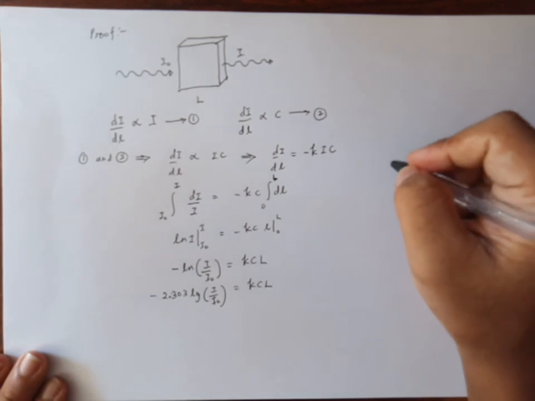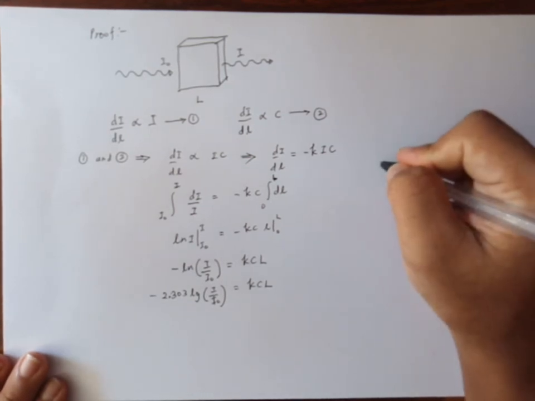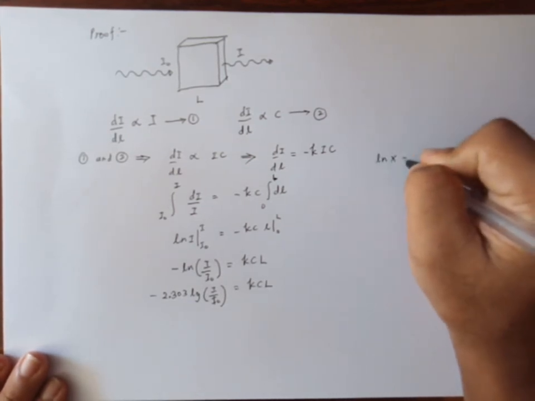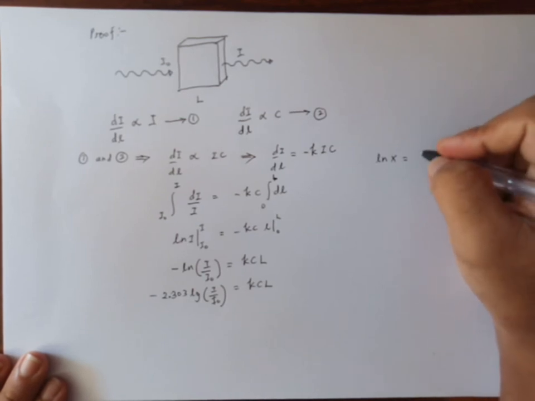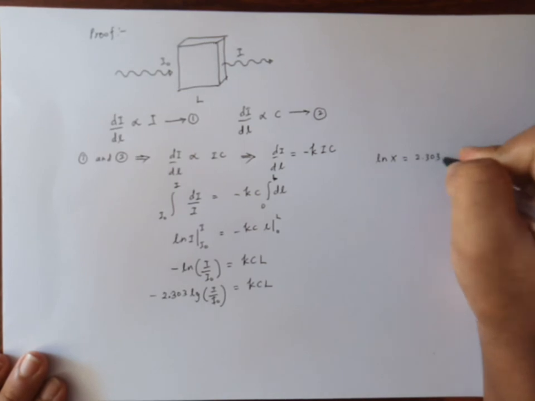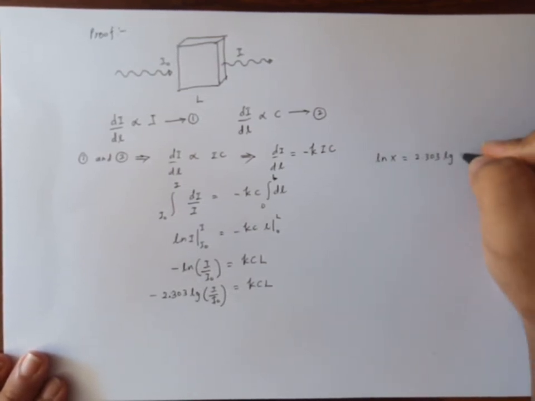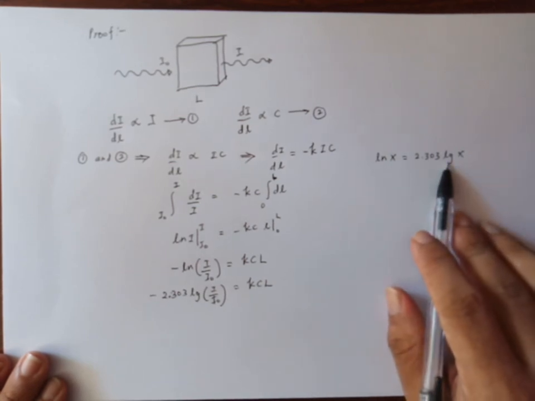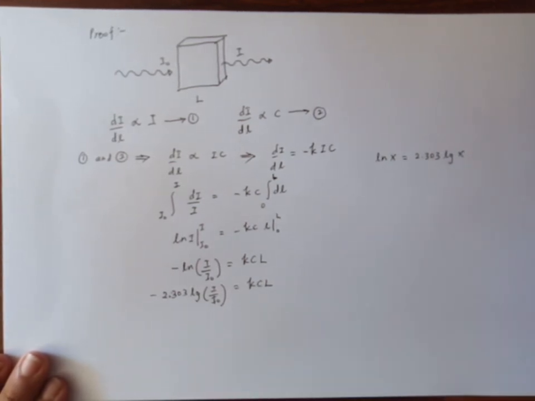Here we have used the relation ln x is equal to 2.303 lg x. So lg means log 10, so we can use log simply.